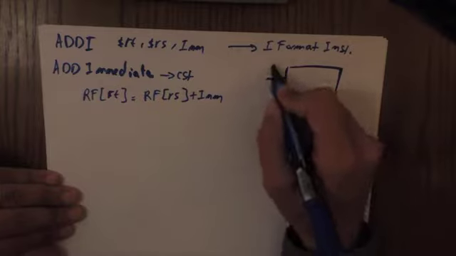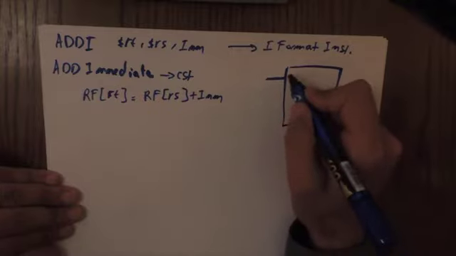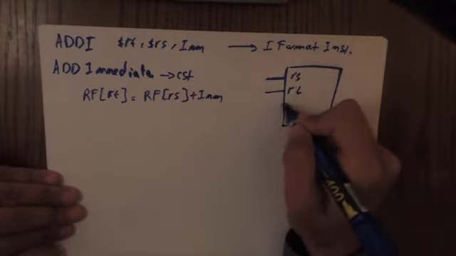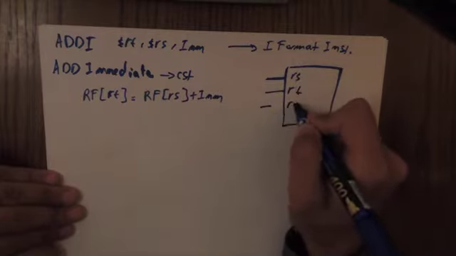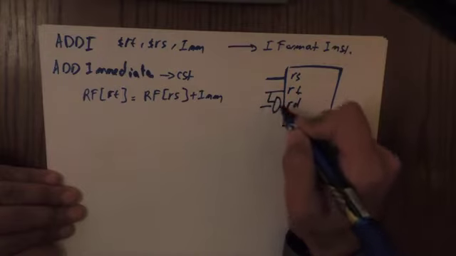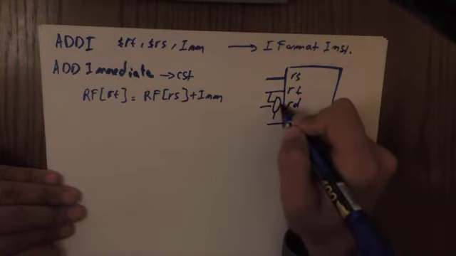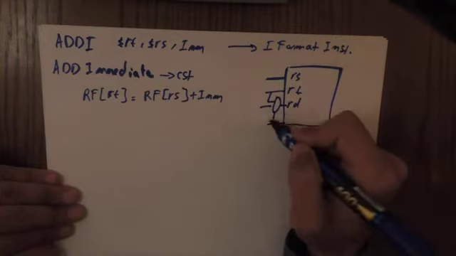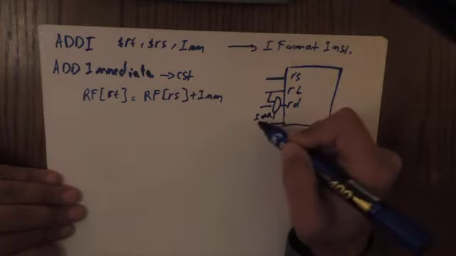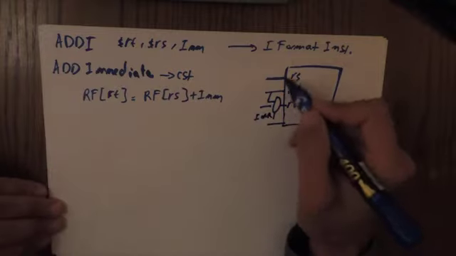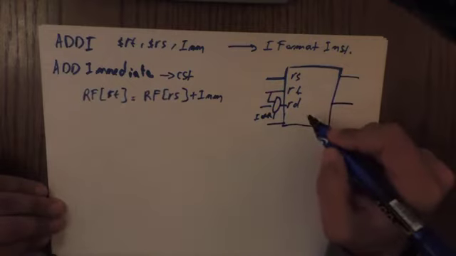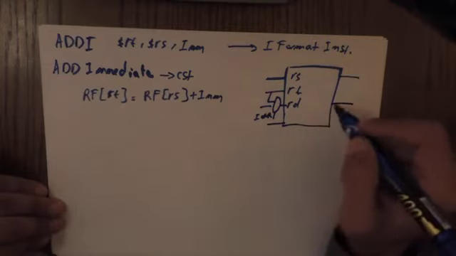As I told you, we have RS, the first source, RT, the second source, and we have RD, which is the destination or the address. What we can do is just add a multiplexer, and in this case we can choose between RT and RD depending on whether it's I format or R format. That will choose the destination of the place where we want to save our data.